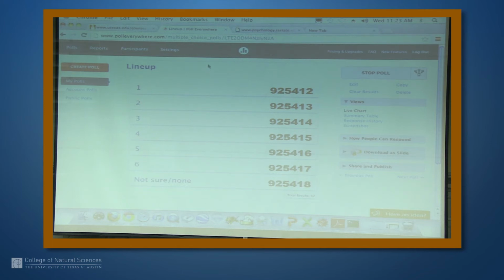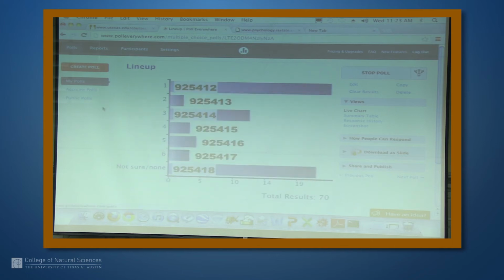Try and get as many in as we can. Let's go for 70. Interesting. So the right answer is none.